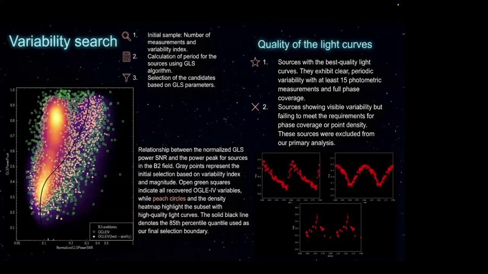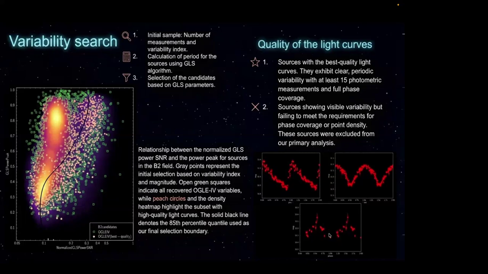Now I'm talking all the time, and also afterward, about high quality light curves. What do I mean? If you see these two light curves at the top, you will see that they show clear periodic variability with at least 15 photometric measurements and full phase coverage.